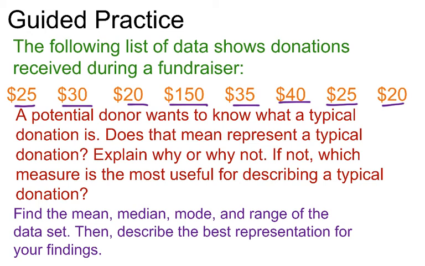Explain why or why not. If not, which measure is the most useful to describing a typical donation? So what you're going to do is you're going to find the mean, median, mode, and range of the data set. Then you're going to describe the best representation for your findings. Go ahead and take a minute to pause the tutorial and analyze this problem now. And be ready to talk about this the next day in class.